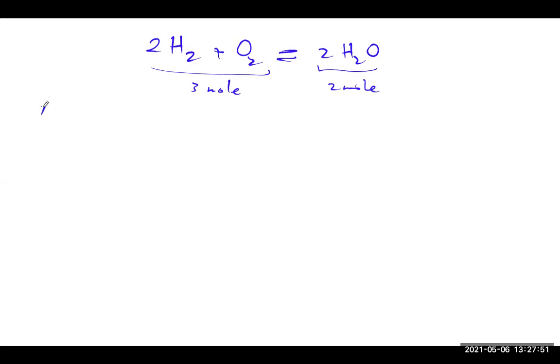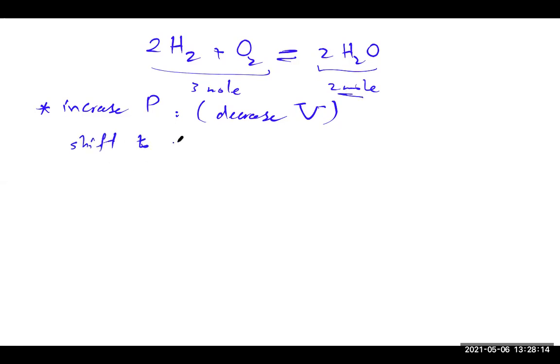First, if I increase pressure, it means that we decrease volume. So what will happen if we increase pressure or decrease volume? Again, if we increase, we shift to the side with the small number of moles. Which side has the small number of moles? The right side. So it will shift to the right.